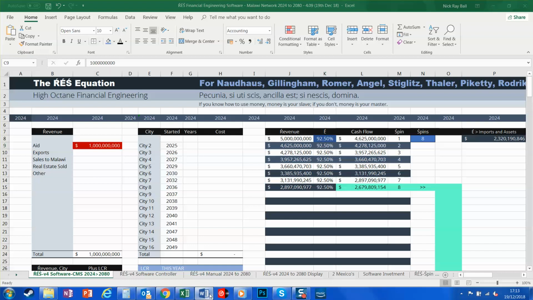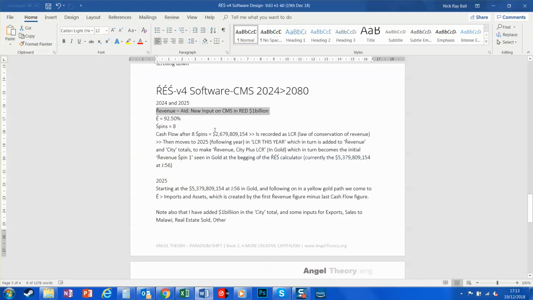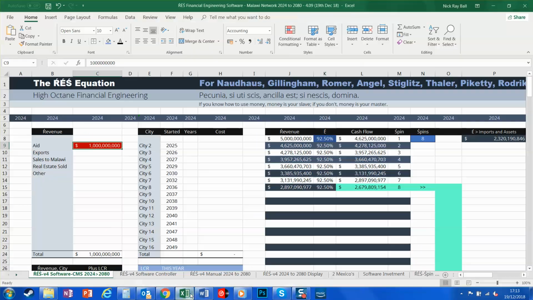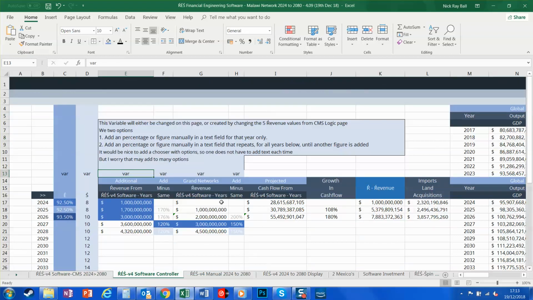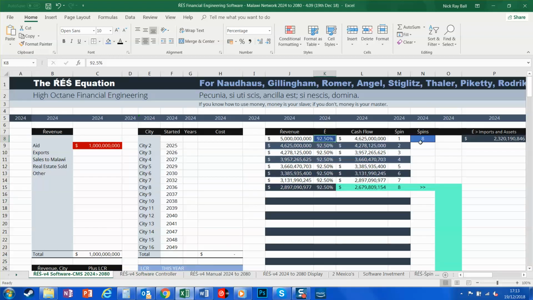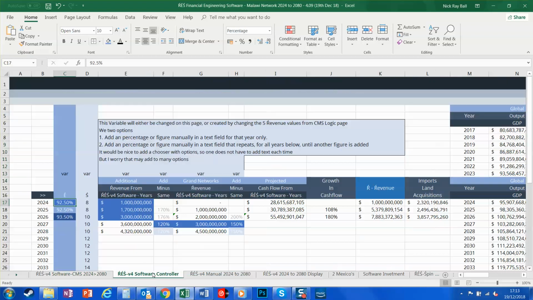E is 92.5, which is reflected on the controller somewhere here. There you go, 92.5. Spins is 8, and you can see there's 1, 2, 3, 4, 5, 6, 7, 8 spins, and that's reflected there.